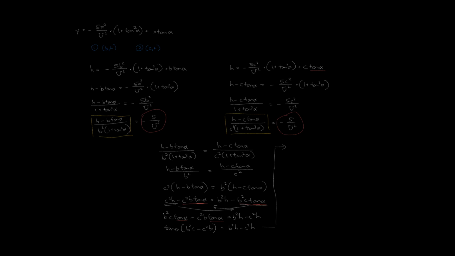Let's divide both sides by the bit in the brackets next to the tan. So now we have tan alpha is equal to (b squared h minus c squared h) over (b squared c minus c squared b). Now we factorize the h from the top, and we factorize the bc from the bottom.